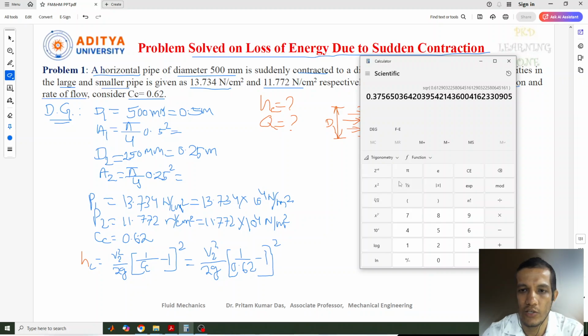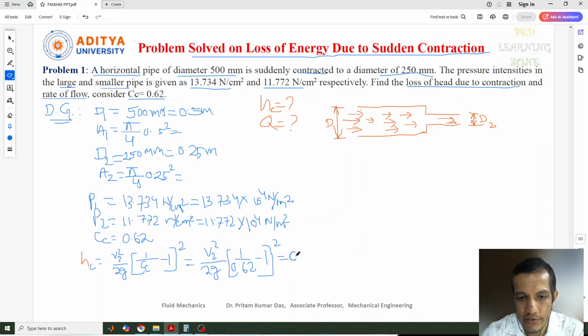This comes to 0.375. Now you can write 0.375 into V2 square by 2g. So this is the value of Hc, that means the head of contraction, or the loss of head due to contraction. This is the equation, but we need to calculate the value of Hc.